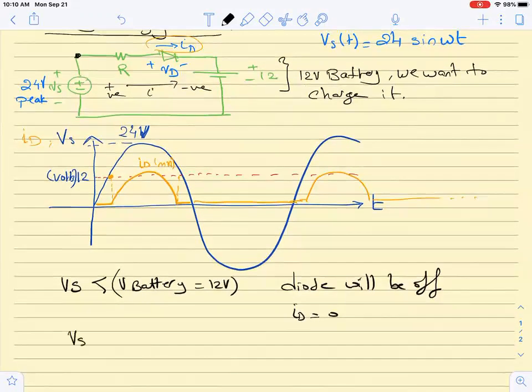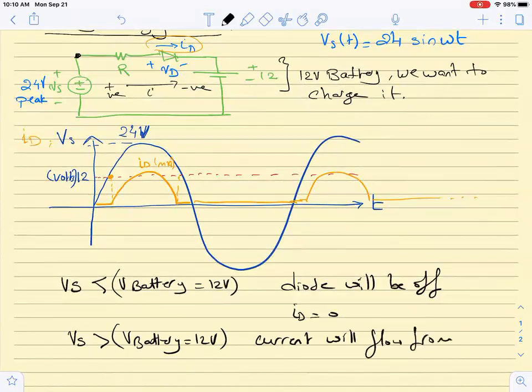And when VS is greater than V battery, which is 12 volts, the current will flow from the diode, from the positive voltage, meaning VS, the higher voltage, to the lower V battery.